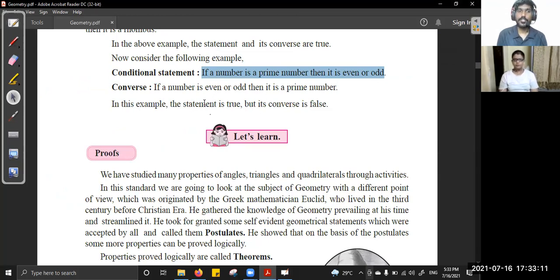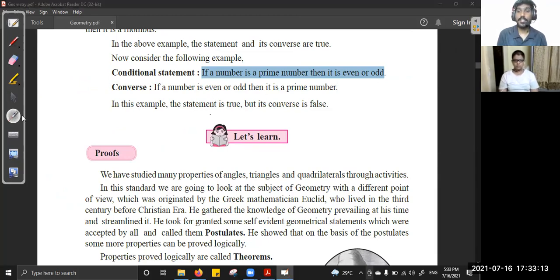Now note one thing, that a statement always has two values. It can either be true or false. It cannot be both. So if you see, the first conditional statement is true.